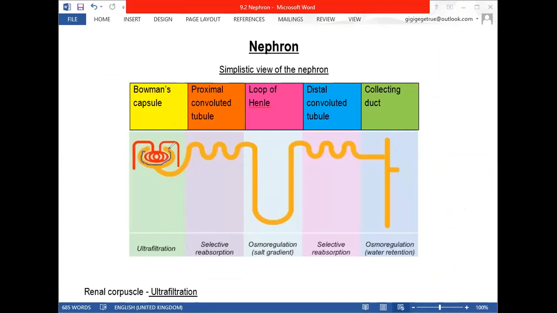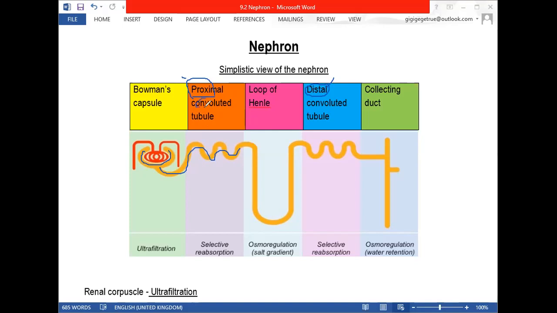Bowman's capsule. Proximal convoluted tubule. We call it proximal because it is in proximity to the Bowman's capsule. That means it is much nearer, so proximal. While this one is distal because it is a distance away from the Bowman's capsule.